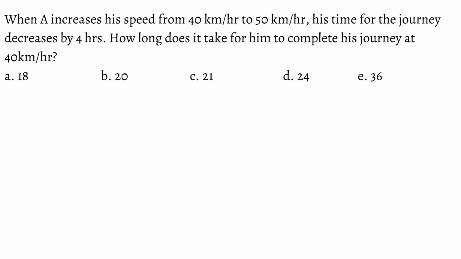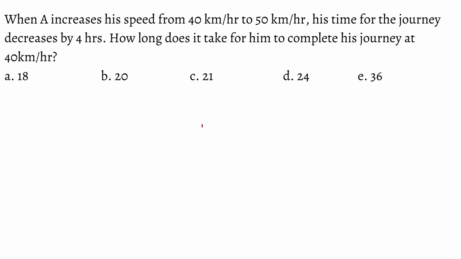For instance, take this example. When A increases his speed from 40 km per hour to 50 km per hour, his time for the journey decreases by 4 hours. How long does it take for him to complete his journey at 40 kilometers per hour?